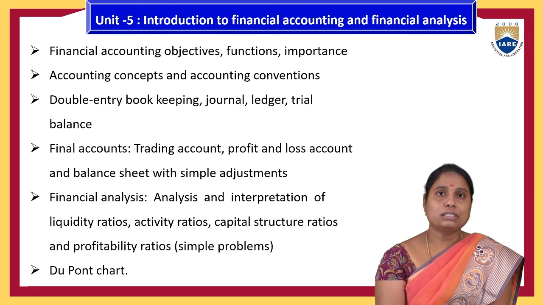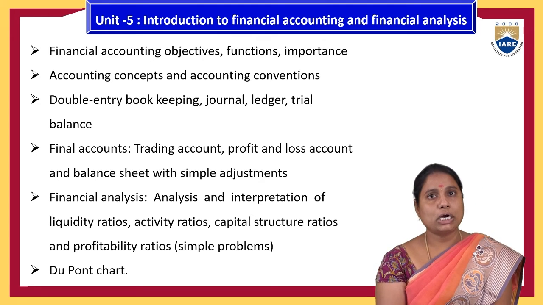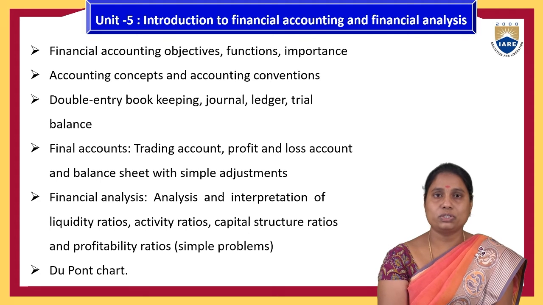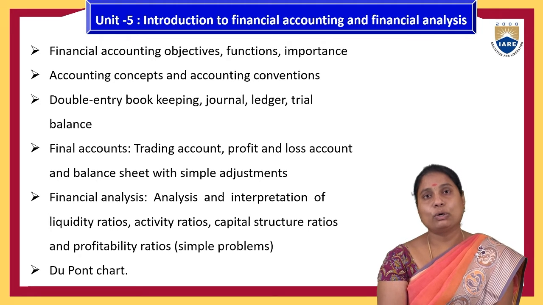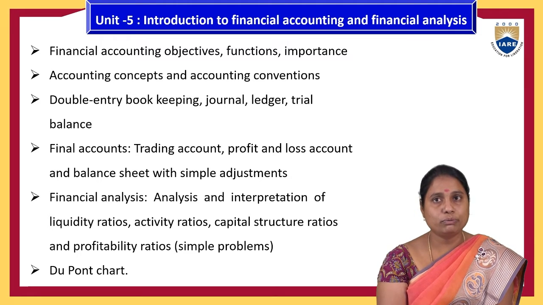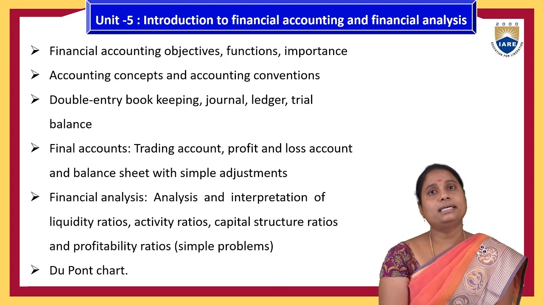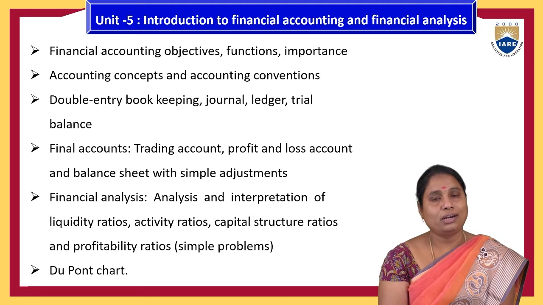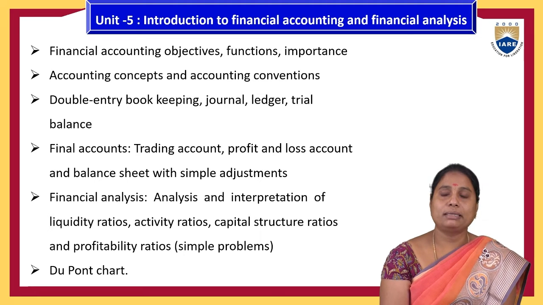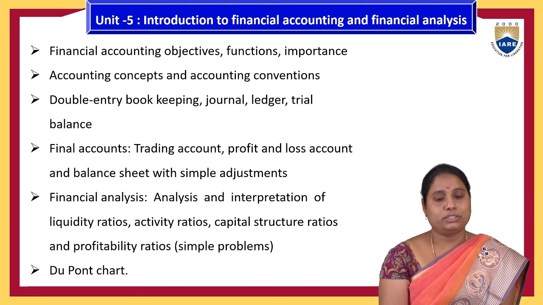Here we will discuss the financial accounting objectives, functions and importance, and the rules, regulations and guidelines under accounting concepts and conventions, and different methods of maintaining the books of records like double entry bookkeeping, journal, ledger, trial balance, and the final accounts preparation, that is trading, profit and loss account, and the balance sheet with simple adjustments.